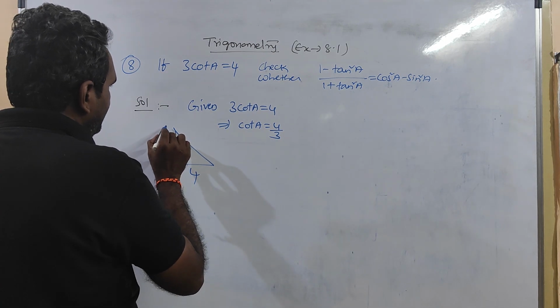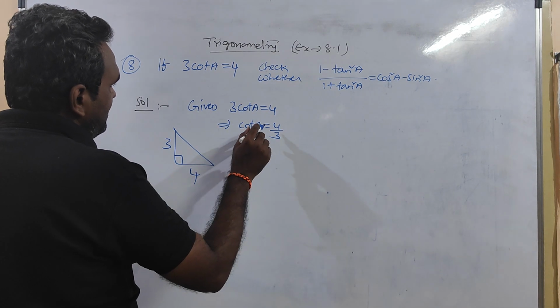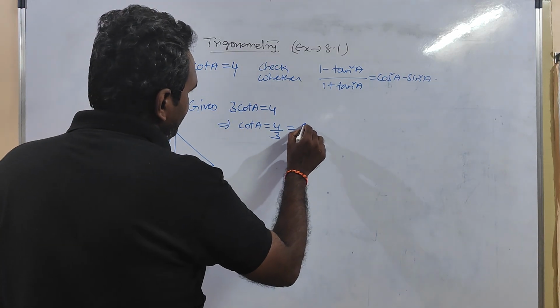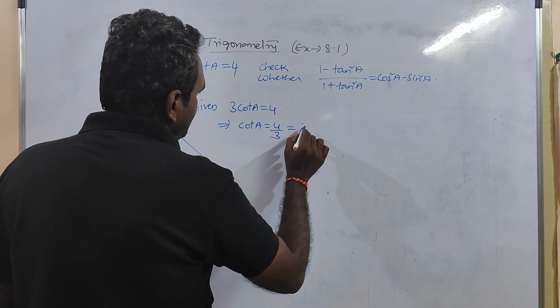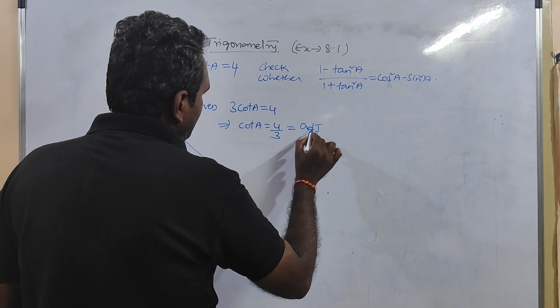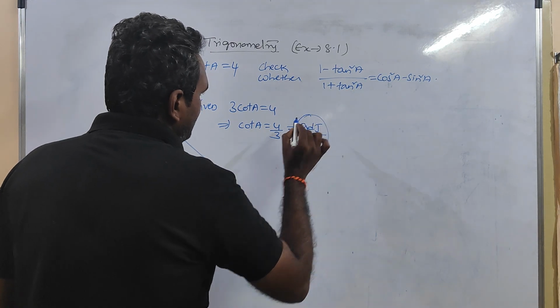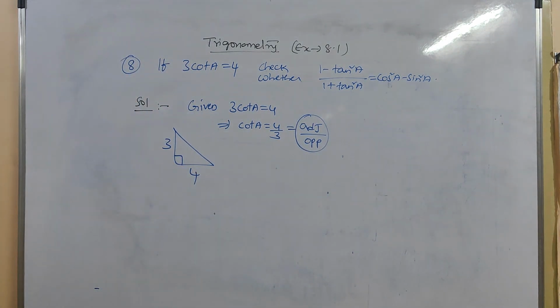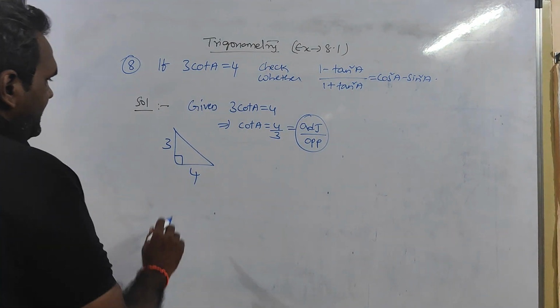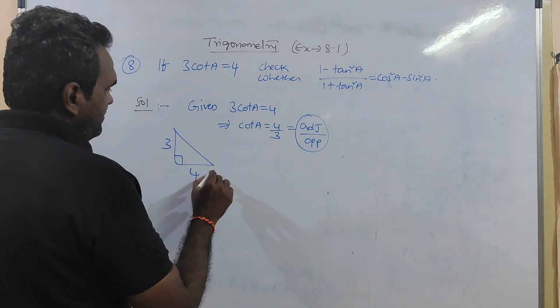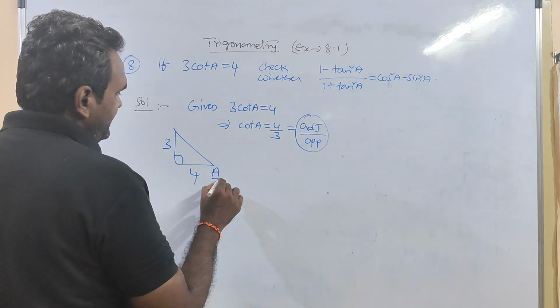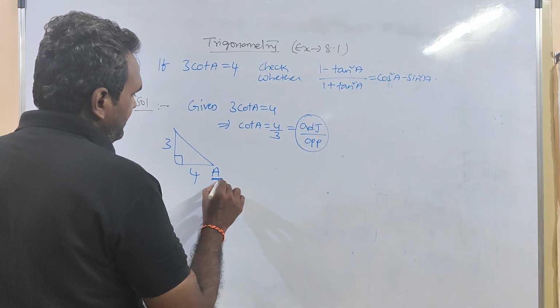Definition for cot is adjacent by opposite. Clear? So my opposite side has to be 3 and my adjacent side has to be 4. So my angle A has to be here only. This you have to remember.